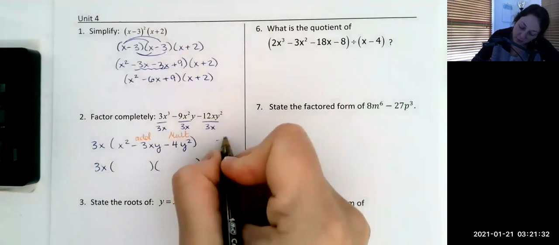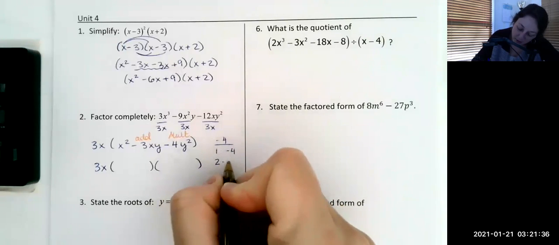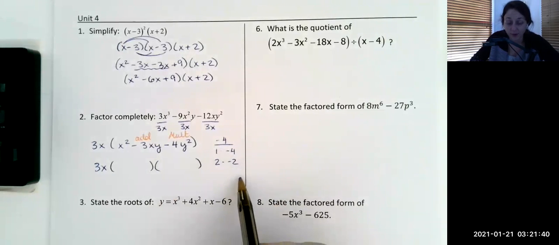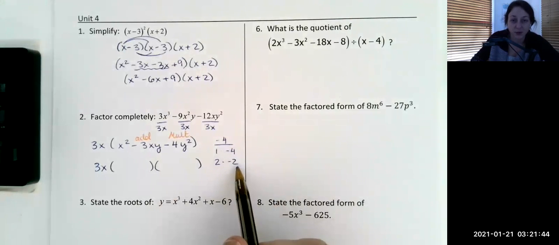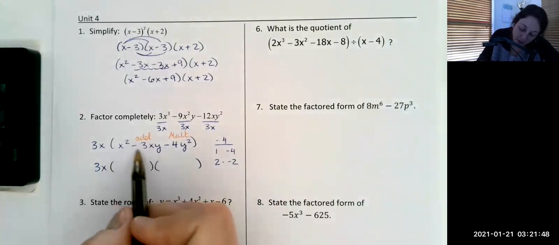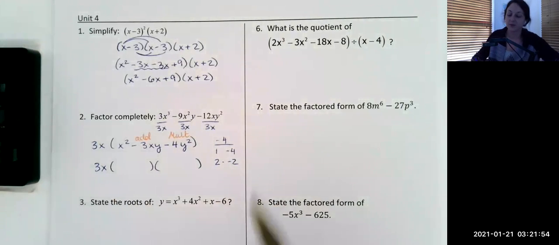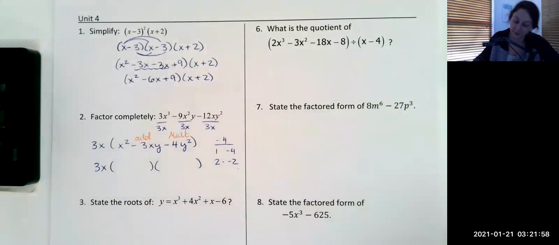So negative 4 off to the side, that's 1 times negative 4, that's 2 times negative 2. Those are the factors of negative 4. And I put the negative sign on the larger number because the middle number is negative. So if I'm thinking ahead where they have to add up to a negative number, I'm going to pick putting the negative on the larger number.